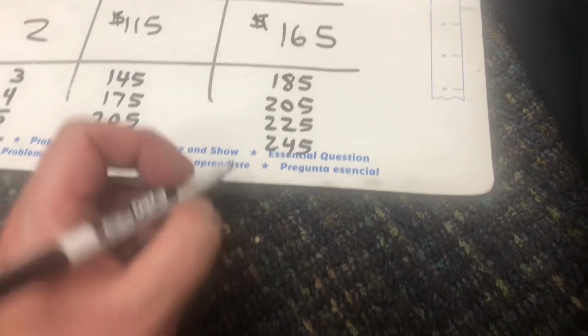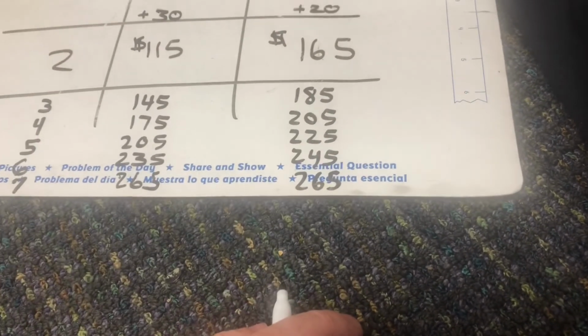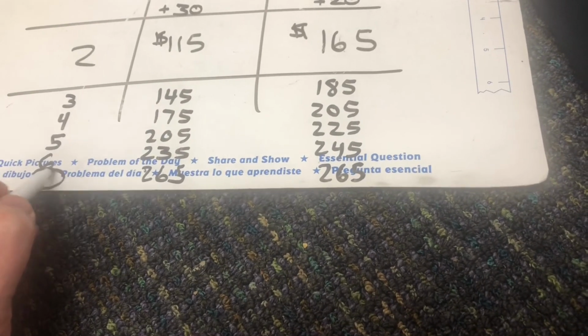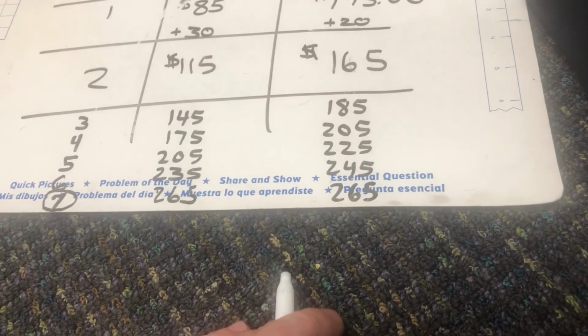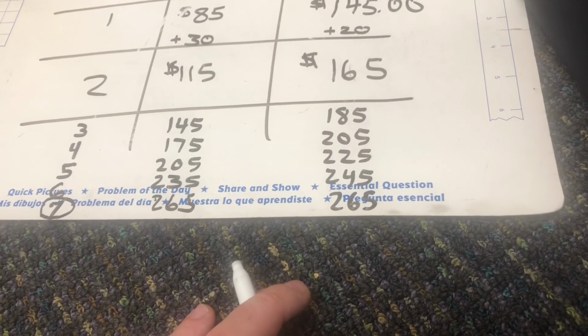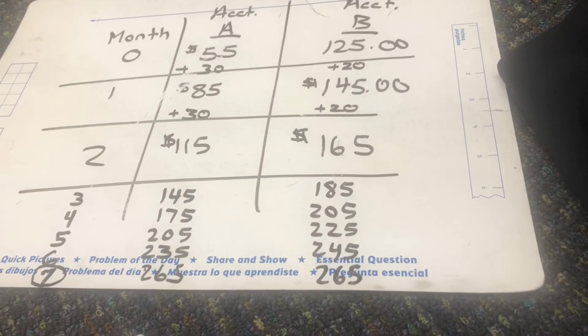If I add 20 to 245, I get 265. So that shows me that after month 7, the balances are the same. That's just some trial and error. To me, that's the most straightforward way to do it, as long as you give yourself some room and figure that out.